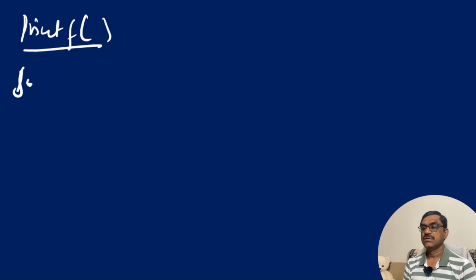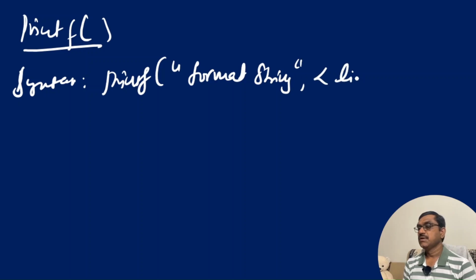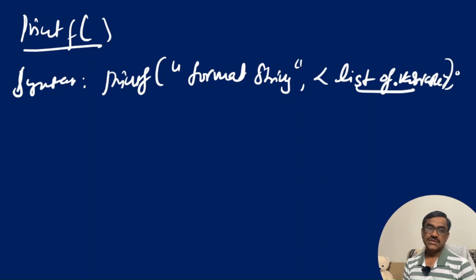Now coming to the printf. printf is the standard output statement, and scanf is the standard input statement, right? The syntax of the printf statement is like this. We write printf, again mentioning the format string. After that, again we write the list of variables.